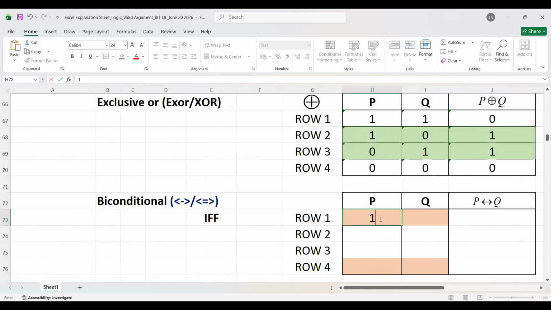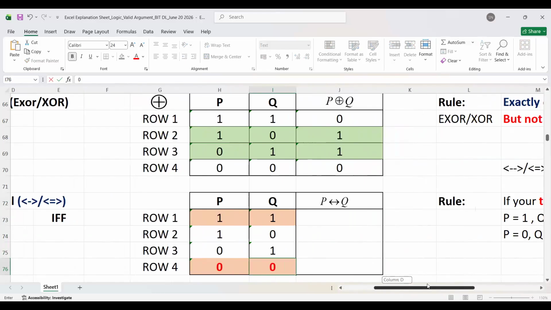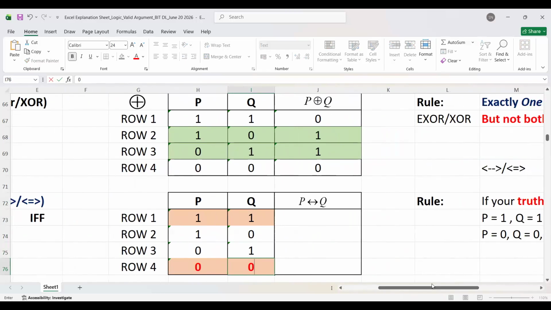So again, 1, 1, 0, 0, and then 1, 0, 1, 0. Where do the truth values of P and Q together have the same value? Row 1 and row 4. That means both are true or both are false. And therefore, the rest will be false.